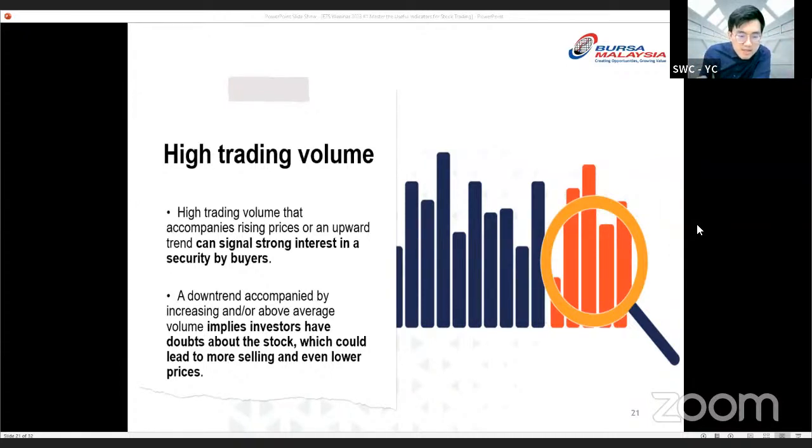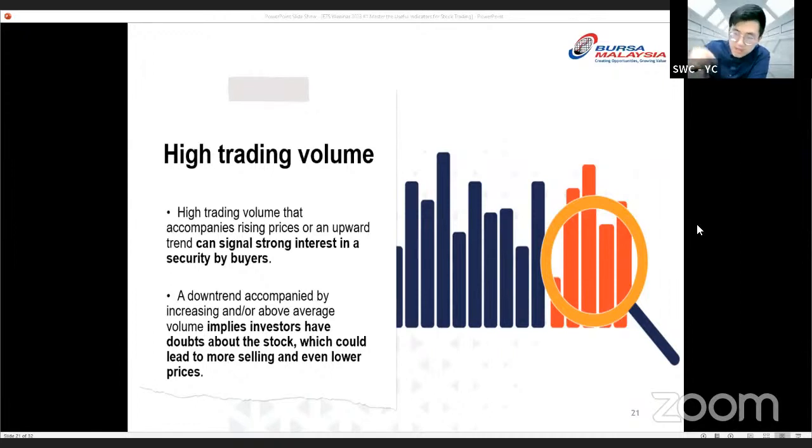Then for the downtrend, let's say it just started the breakdown. Let's say stock A consolidated for a long time, then suddenly it breaks down with huge volume. Basically this trend we also wouldn't trade, because there's a high chance it will continue to go down.